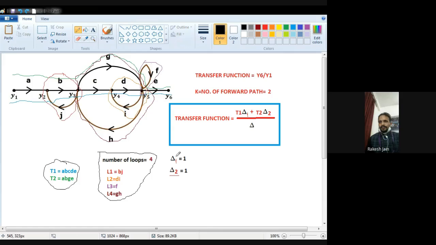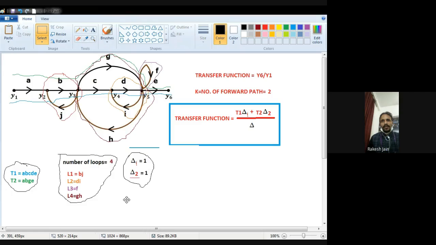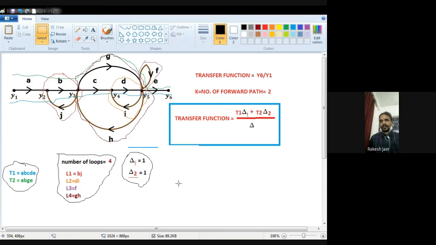Now see the del 2. What is del 2? Del 2 is similarly which loops do not touch the second forward path. So now we find out the value of del 2 for this question. When we look at the question very carefully, the second forward path is A, B, G, E. See, the first loop BJ touches the second forward path.